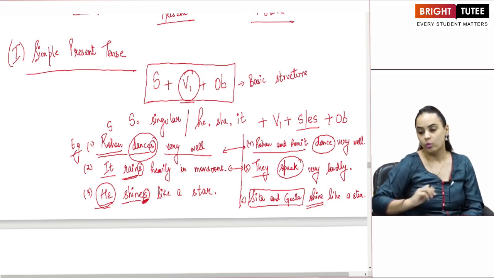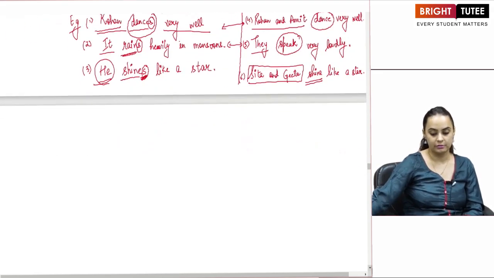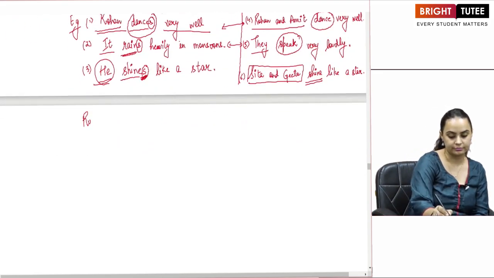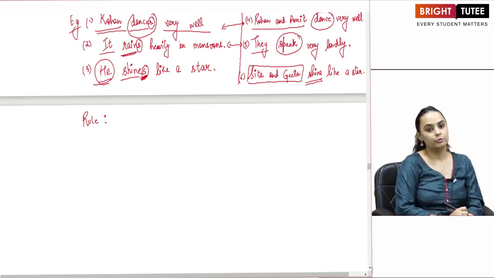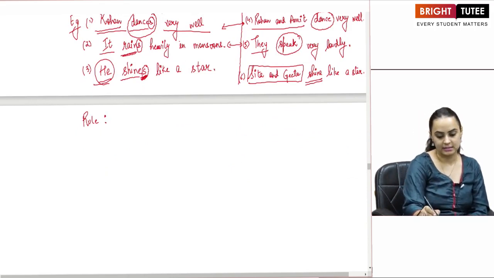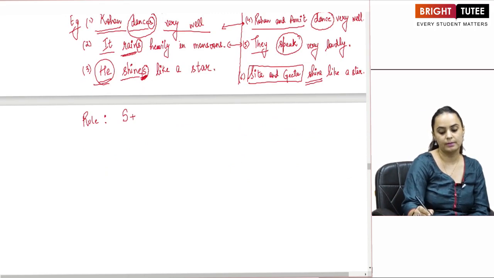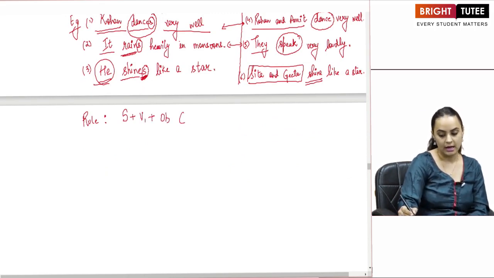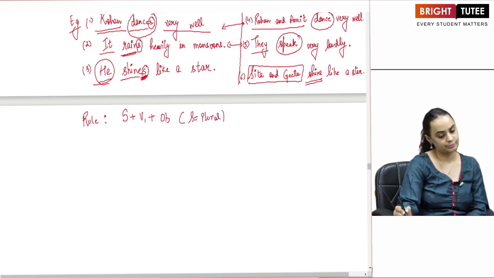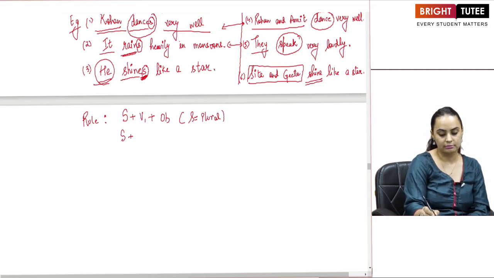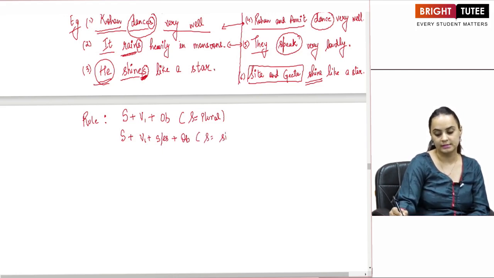So, what is the rule that we have learned? The rule says that it is subject plus verb first form plus object, if my subject is plural, and subject plus verb first form plus S or ES, if my subject is singular.